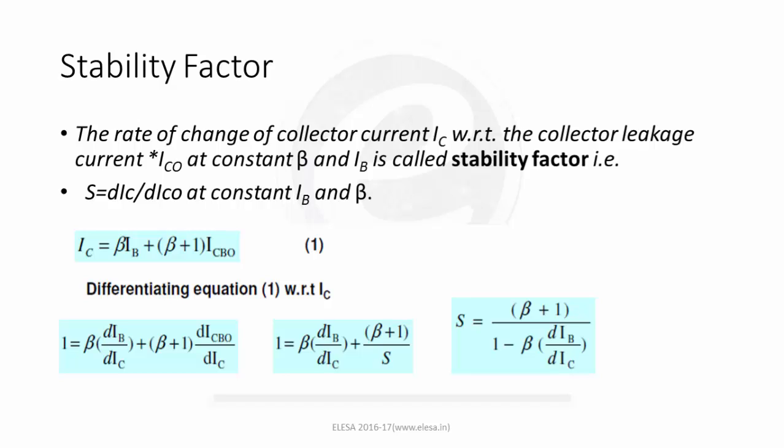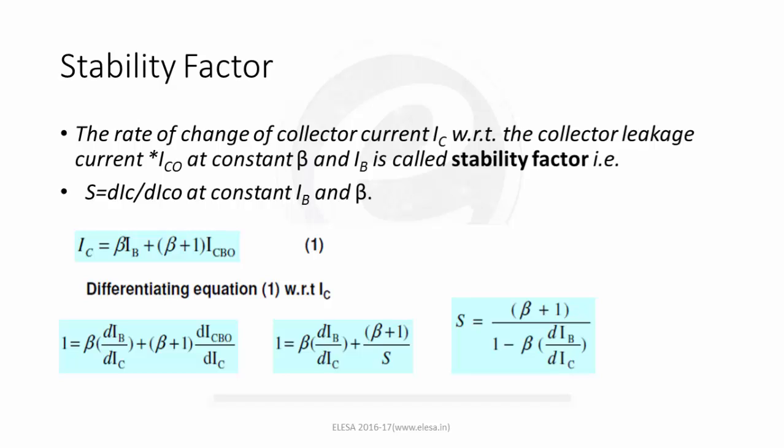It means the rate at which IC changes whenever ICO changes. If S is small, then the corresponding changes in IC will be smaller. That is, the circuit has good stability if S is small, and vice versa. If S is high, the circuit has very poor stabilization.